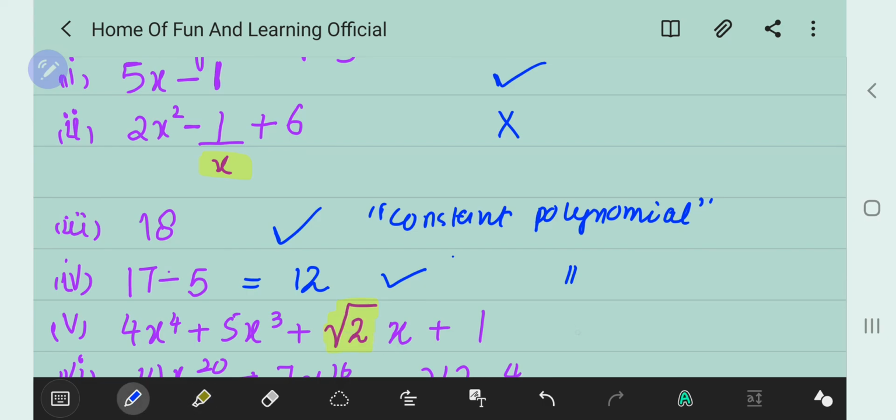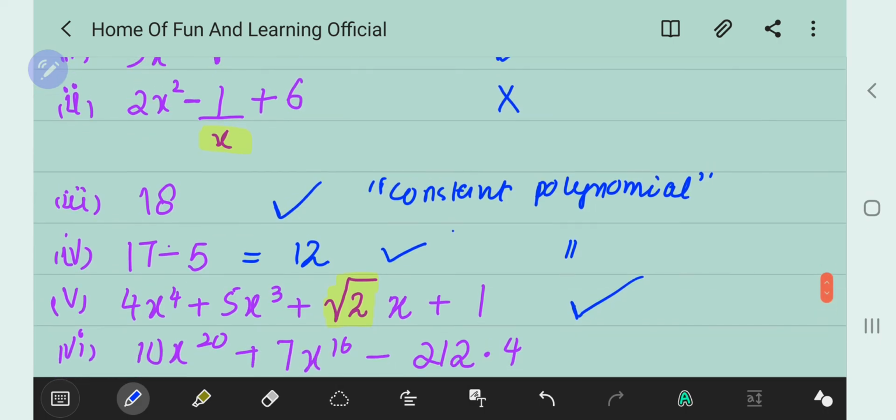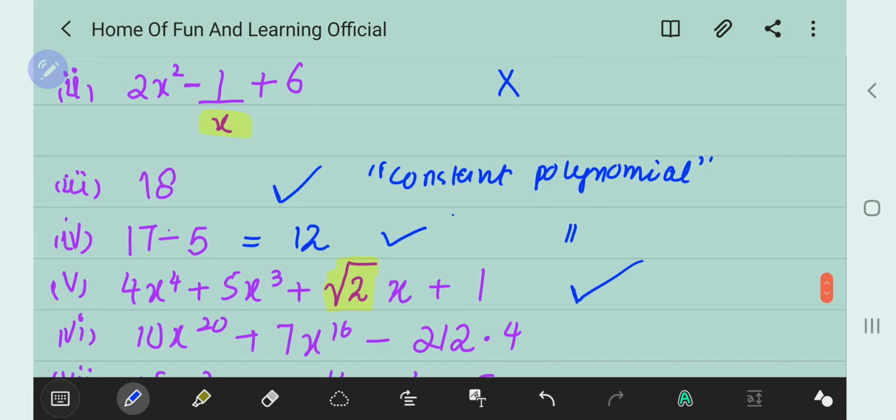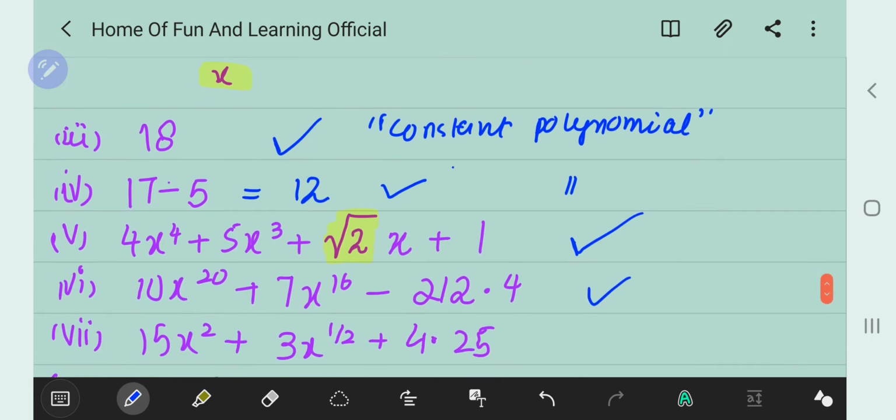So this is a polynomial. It follows all the rules. Now this is also a polynomial. This is pretty straightforward. This is not a polynomial because we have an exponent that's not a positive integer.